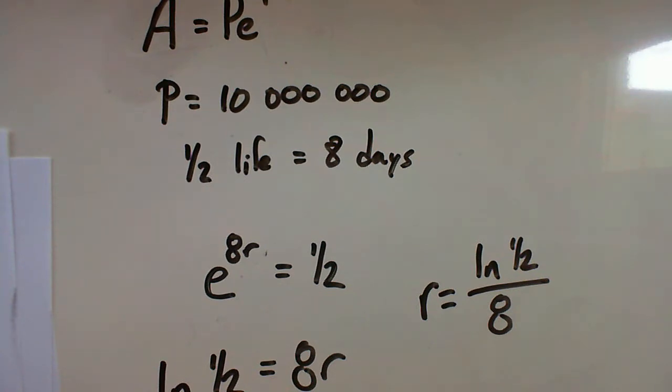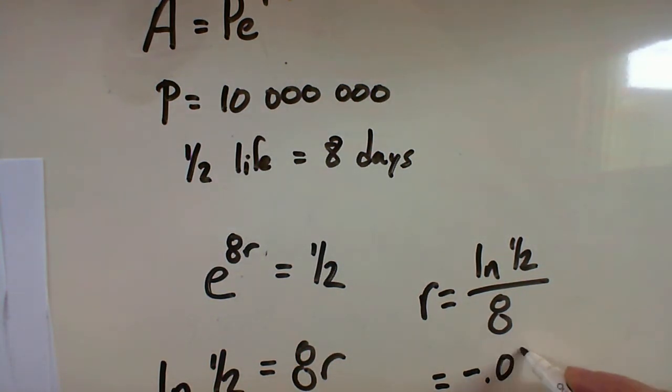Putting that in my calculator, natural log 0.5 divided by 8, we get that R is negative 0.086.